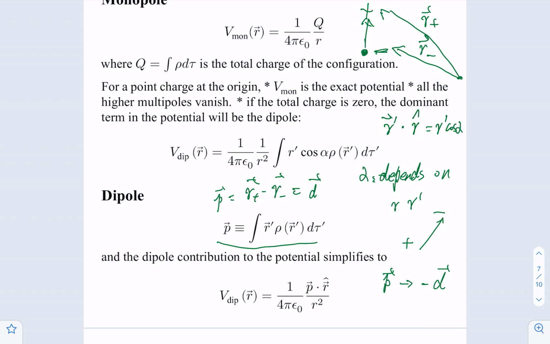Using this identity, because the r hat does not depend on this r prime, we can pull that out of the integral, and this gives the integral of the simple term, and also there is an r hat dot r prime term.